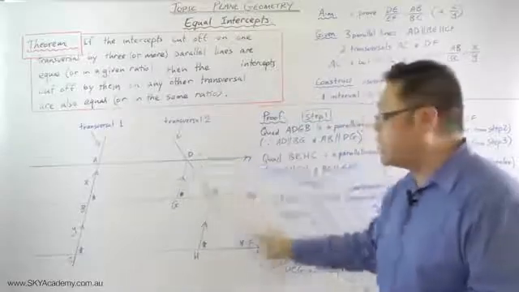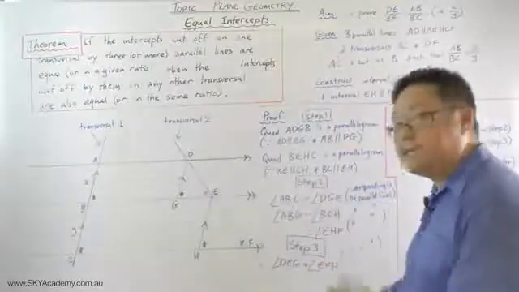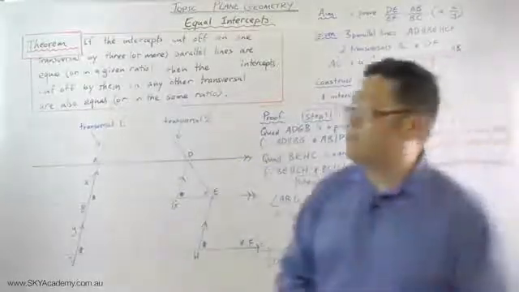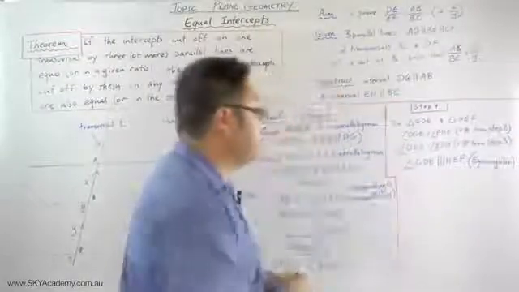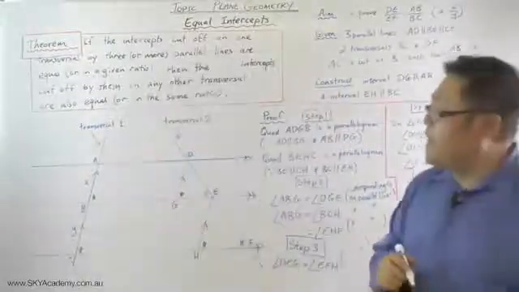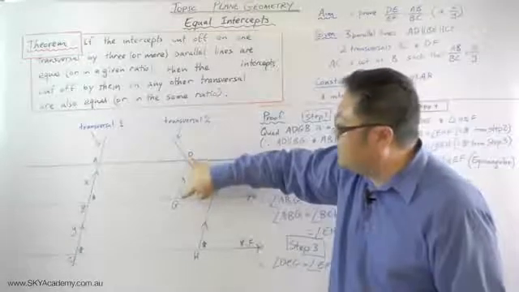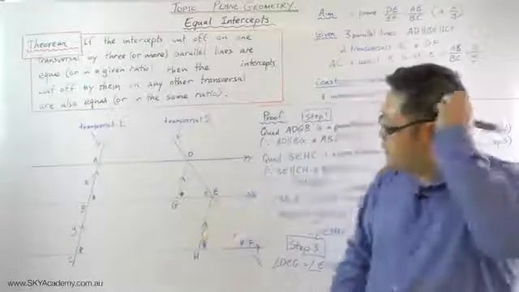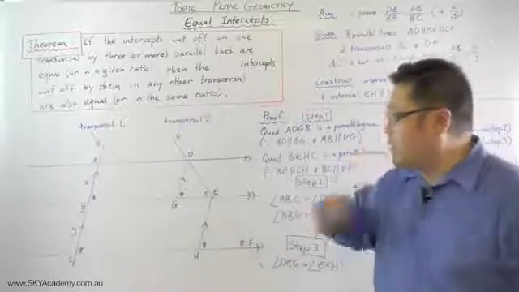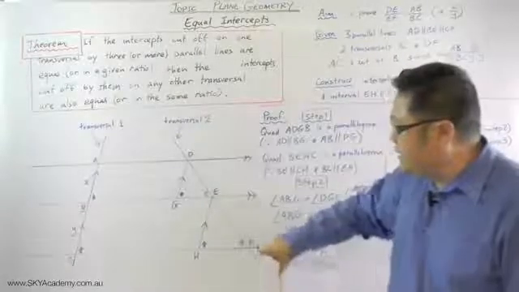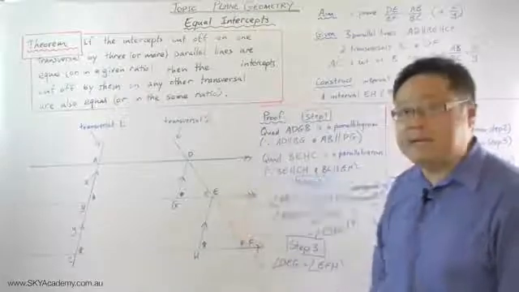You've got equiangular triangles, which means that they're similar. Does that make sense? So that's step 4. Step 5 is basically this. Step 5 is basically the ratio of DG to EH is going to be equal to the ratio of DE to EF. Does that make sense?